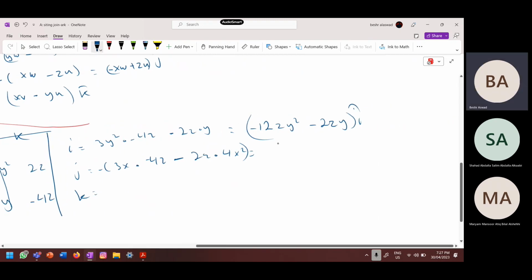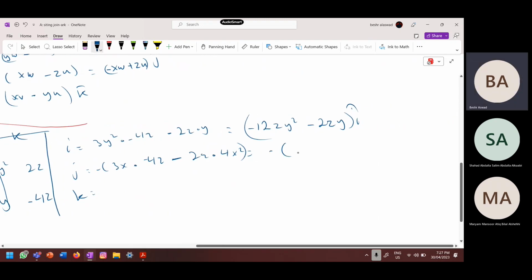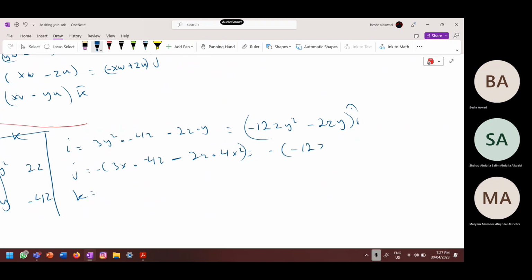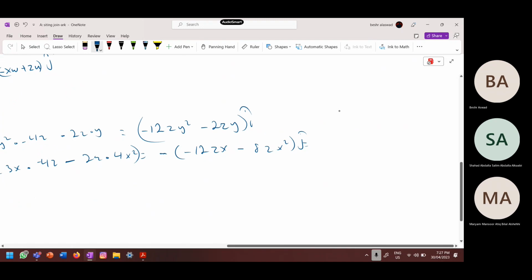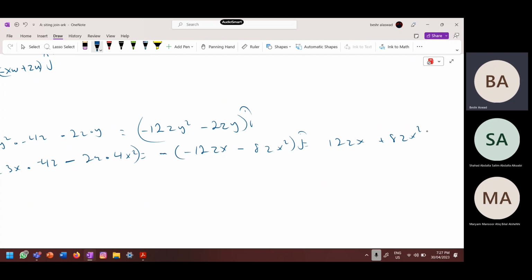This is equal to negative 12zx minus 8zx squared. Again, this will be simplified to negative (12zx plus 8zx squared) j hat.